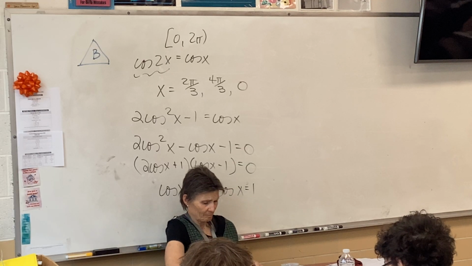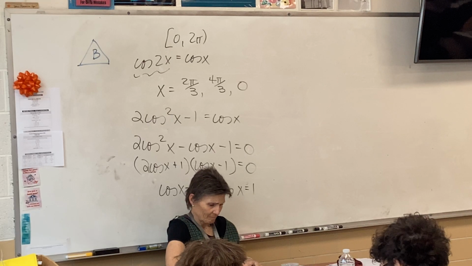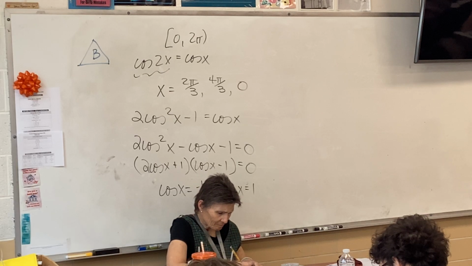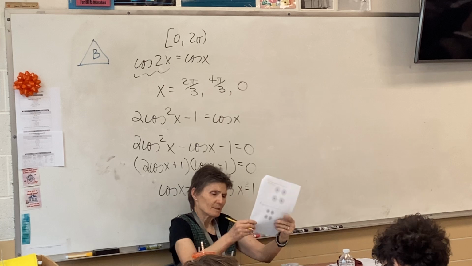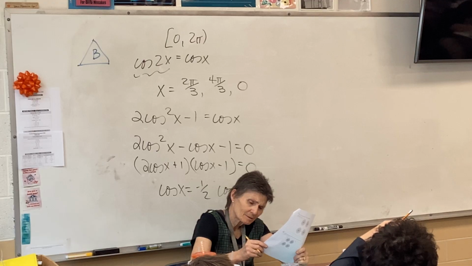Restricted. Lines from flat. It says restricted from pi over 2 to pi, so that's quadrant 2, right?